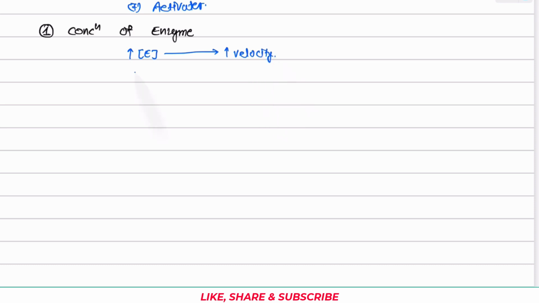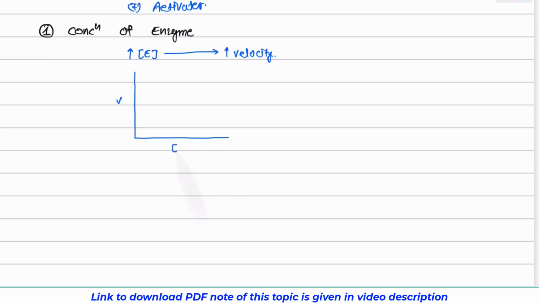So if we draw a graph of velocity versus enzyme concentration, on the y-axis we take velocity v and on the x-axis we take concentration of enzyme, then we get a straight line, because this increase in the velocity is directly proportional to the concentration of enzyme.